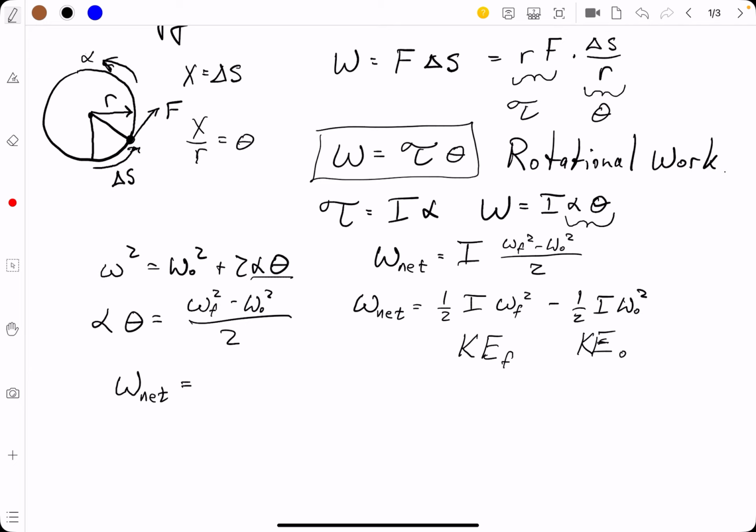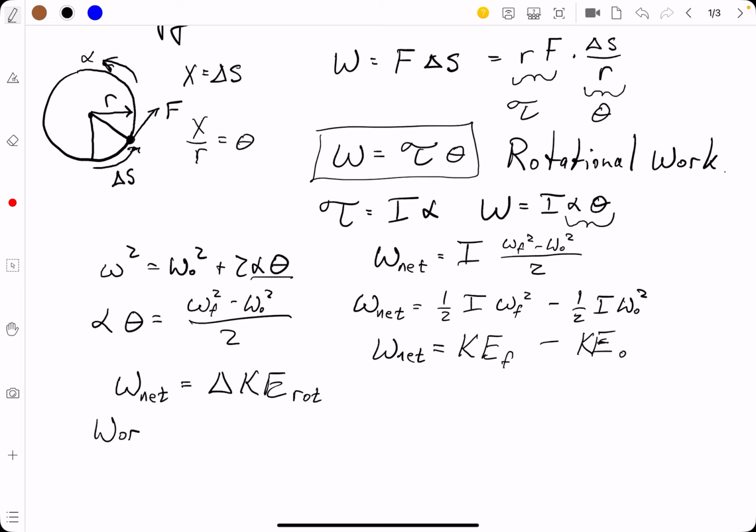So we've got an initial kinetic energy and a final kinetic energy, and we're subtracting the initial from the final. So that means we now have delta KE. I'll put a little rotational on that. Is anyone surprised? Okay. And also, this is our work energy theorem.